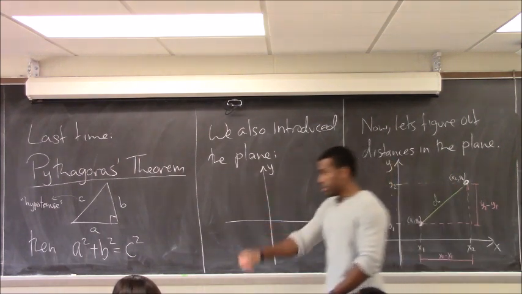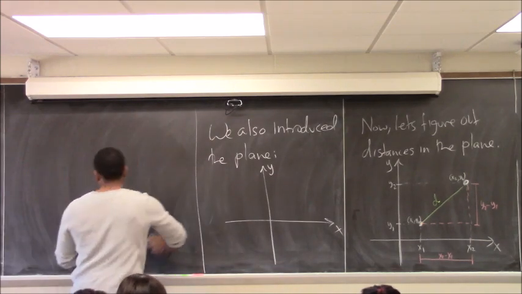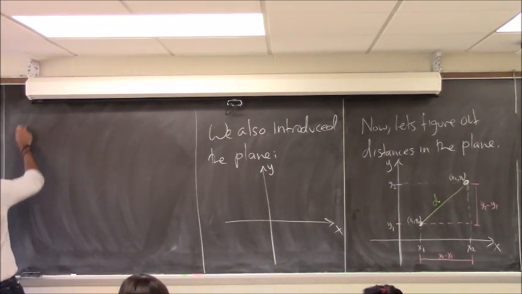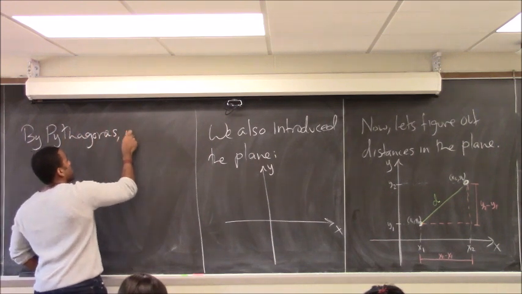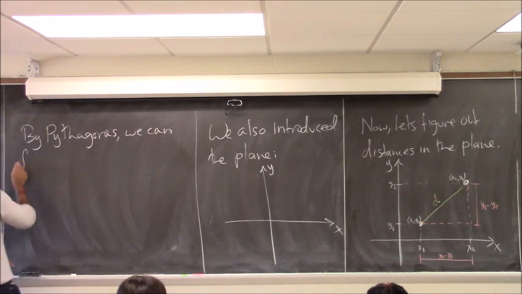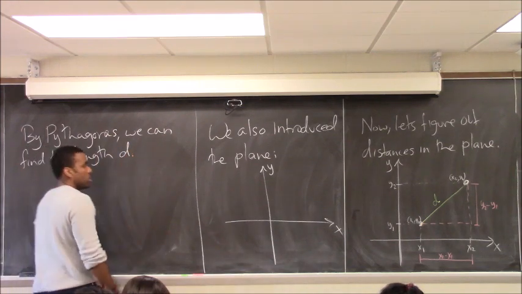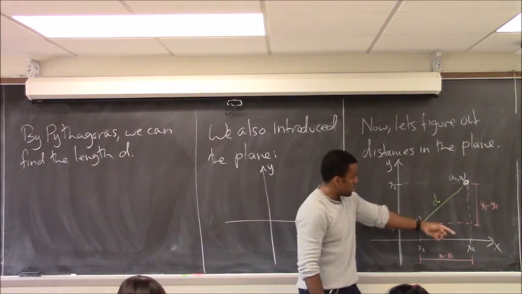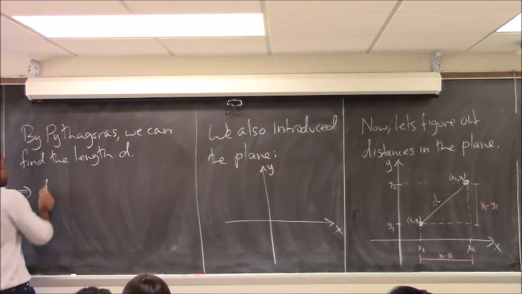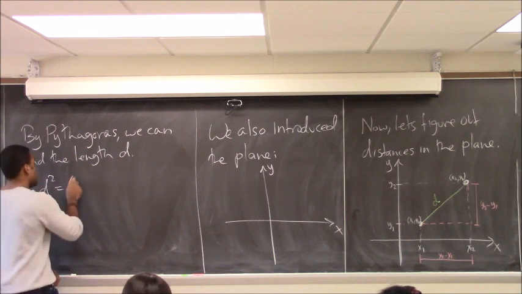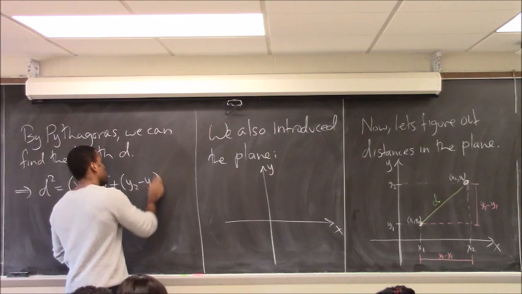And then we apply Pythagoras' theorem. Pythagoras' theorem says d squared is going to be equal to this squared plus that squared. So it's going to be x2 minus x1 squared plus y2 minus y1 squared.